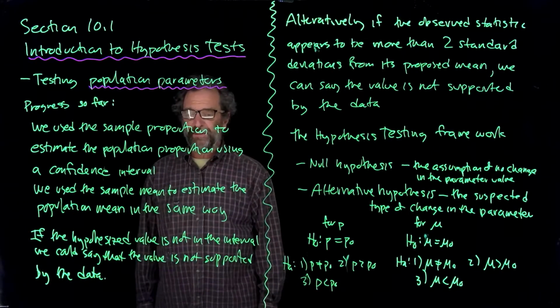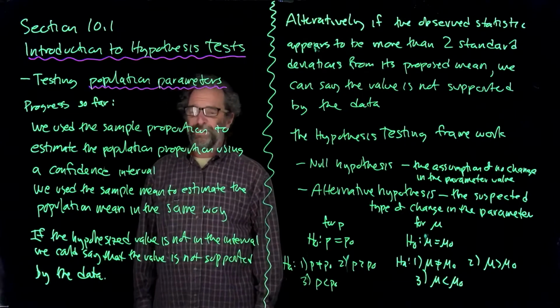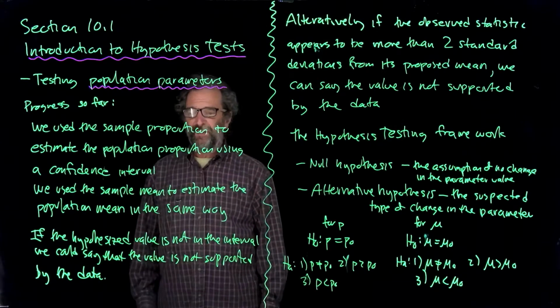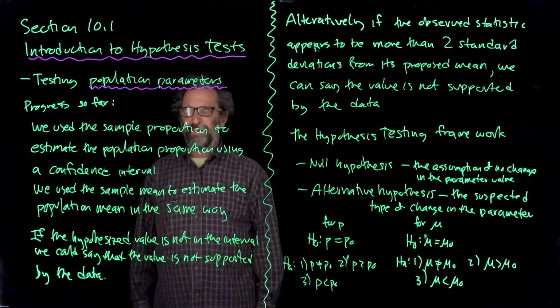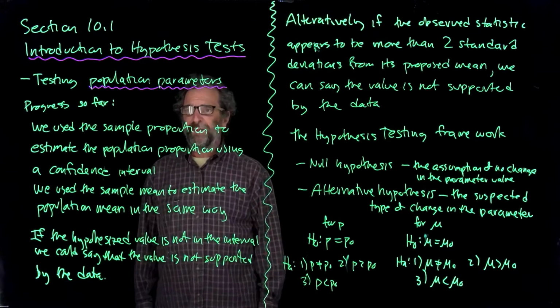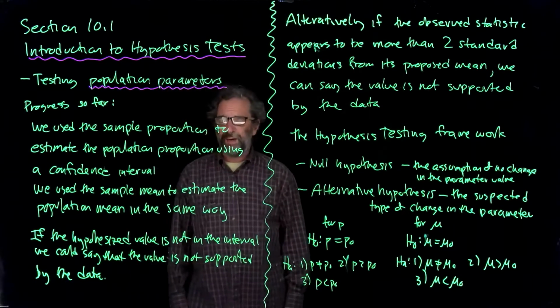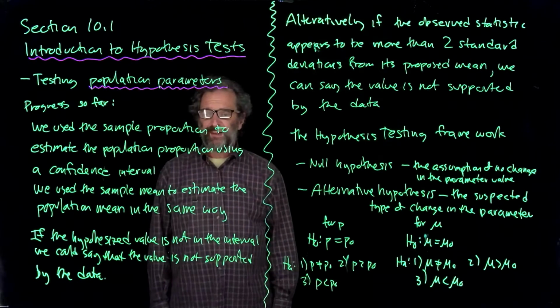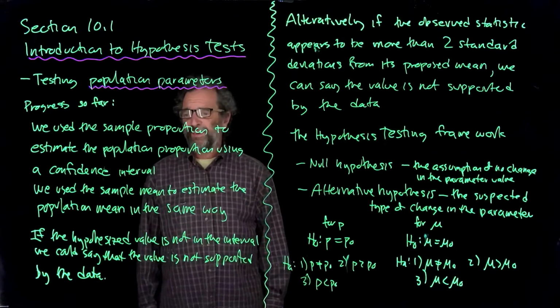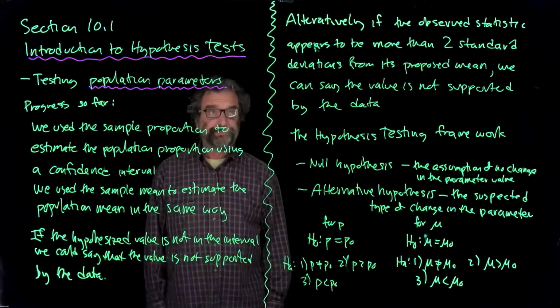So the confidence interval is based on the sample mean or sample proportion. If it's too far away from the hypothesized mean or hypothesized proportion, the confidence interval will not contain that hypothesized value. And we'll say, based on the data, it doesn't look like that hypothesized value is correct.